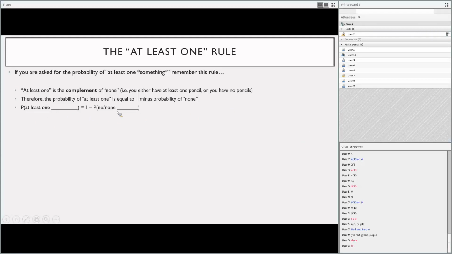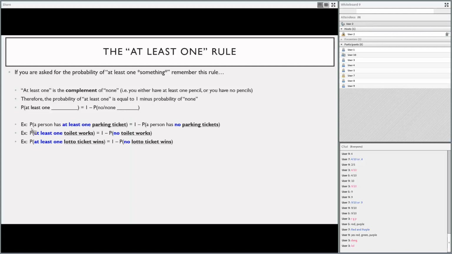It's going to basically look like this. I want you guys to jot this down, and when I say jot it down, I mean jot it down exactly with this little blank space in here just like I have it, because this is the formula that you can use for any question that has the words at least one in it. And all you have to do is fill in the blanks with whatever the statement is that you're looking for, at least one of whatever.